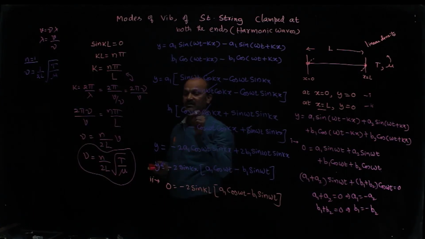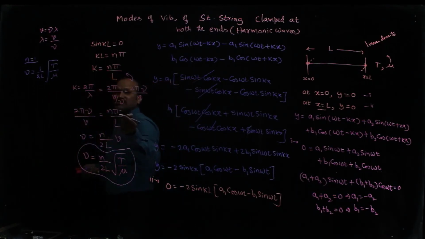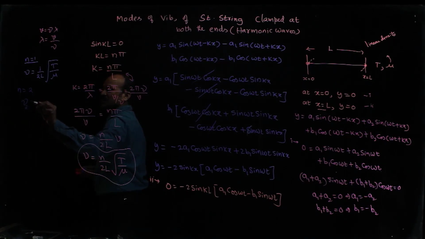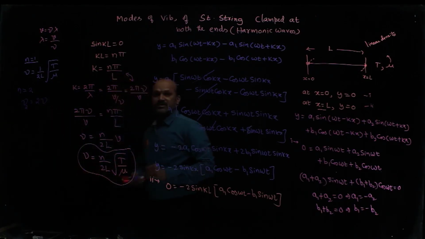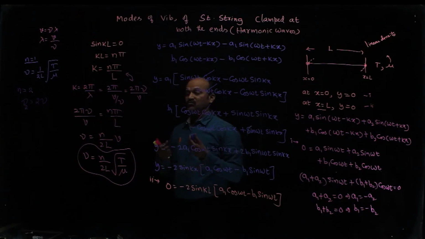At n equal to 1, the first mode frequency is this, or it is called the fundamental frequency or first harmonic. If you consider n equal to 2, nu 2 can be written as 2 times 1 by 2L root T by mu, so 2 nu 1. This is the second harmonic or second mode or first overtone.